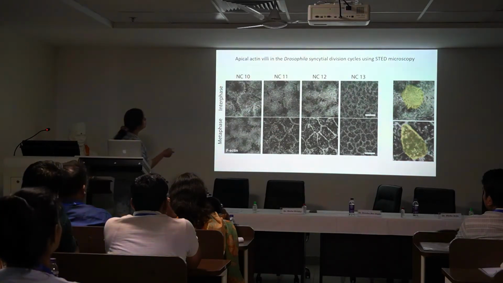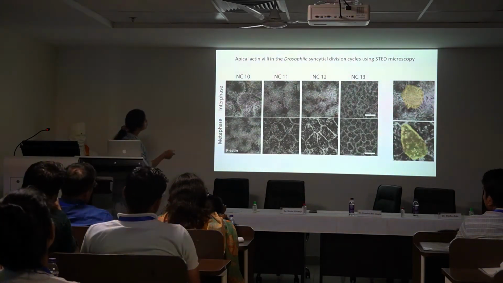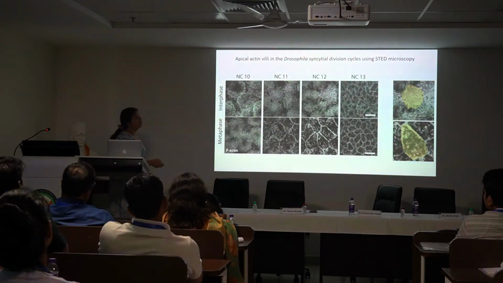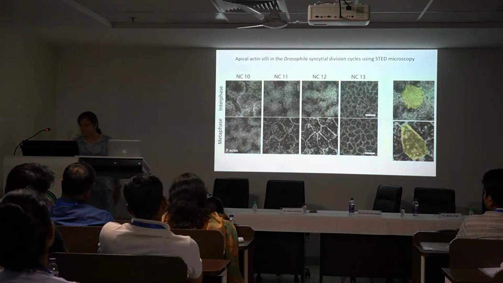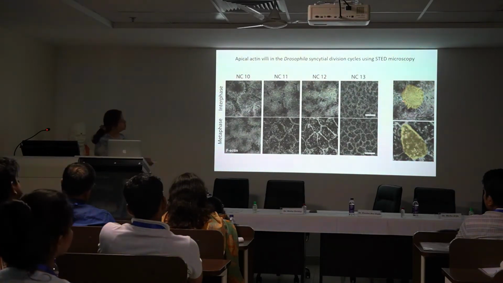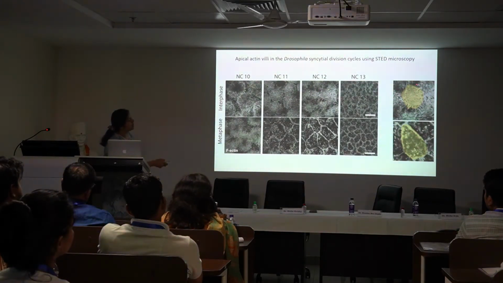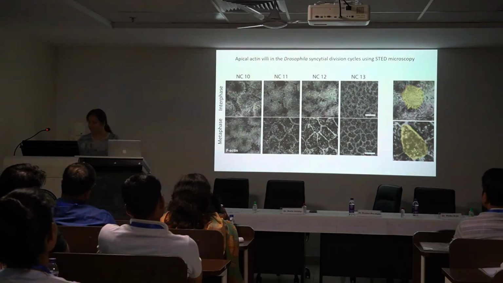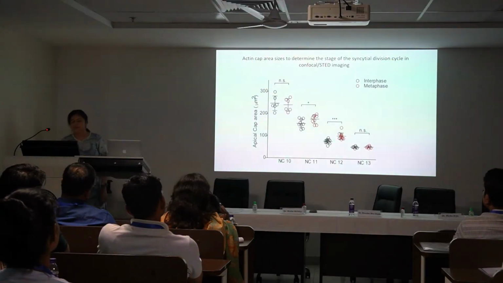And you can see that in cycle 10 also maybe there are more villi over here and fewer villi over here. But then one would like to count this, right? One would like to count that there is a remodeling which is actually taking place. We've just filled this particular cap with a yellow color to mark the boundaries of a plasma membrane which surrounds one individual nucleus.